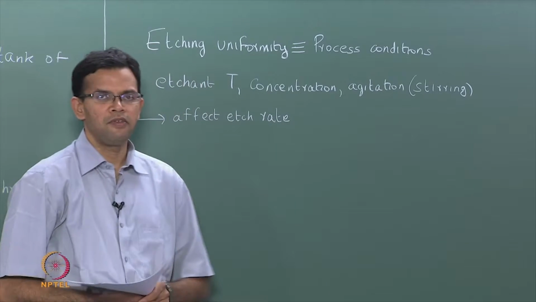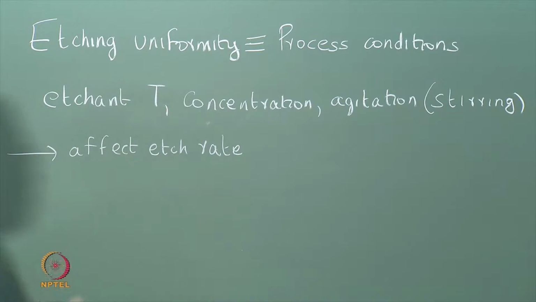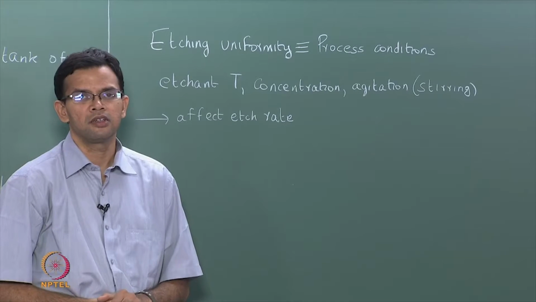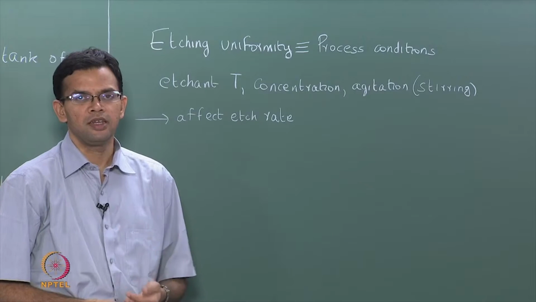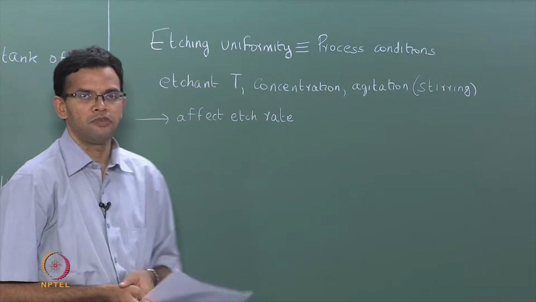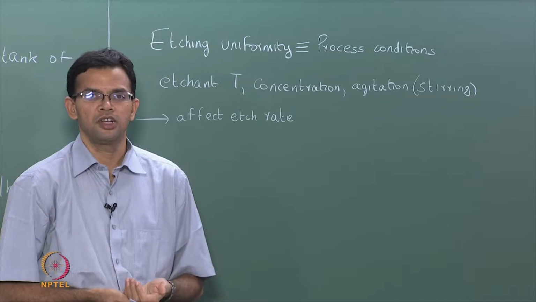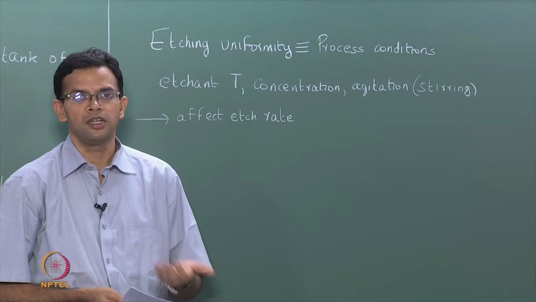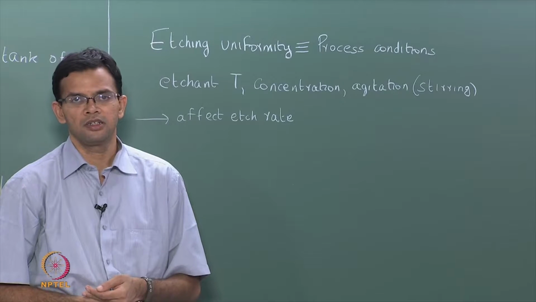So it is usually very important to keep all of these numbers constant so that you have a constant etch rate. For example, if your material is being consumed during etching, then the concentration will change, and a change in concentration can again lead to a decrease or an increase in etch rate.